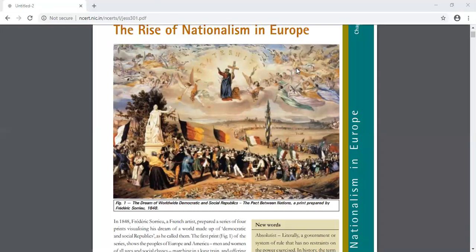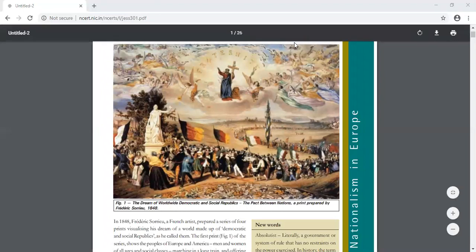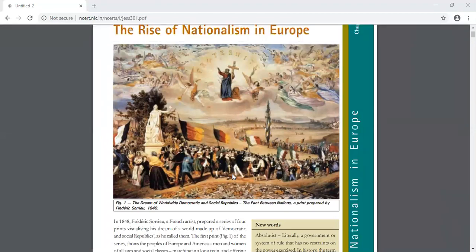The first print of artist Frederick shows the people of Europe and America, men and women of all ages and social classes, marching in a long train, offering homage to the Statue of Liberty as they pass by it.